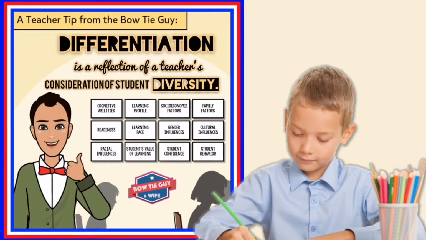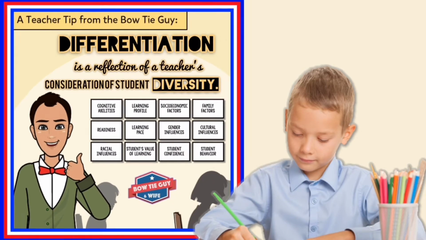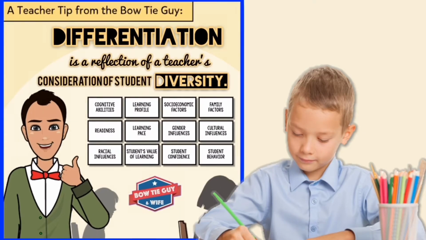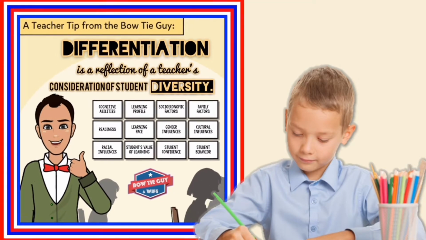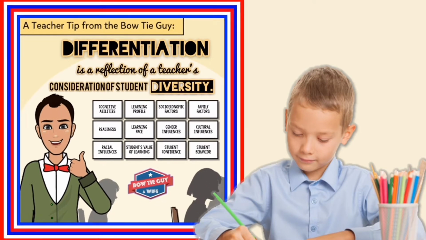Now it's time for a teacher tip from the Bowtie Guy. Differentiation is a reflection of a teacher's consideration of student diversity. What in the bloomin' of Kentucky am I talking about? Now, there is no student that is completely identical to another.